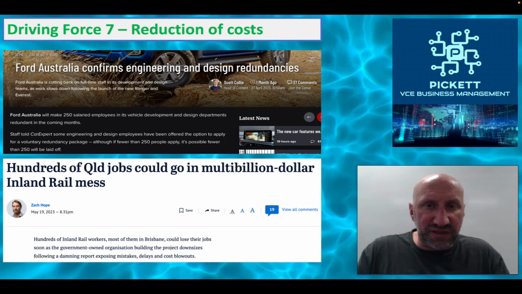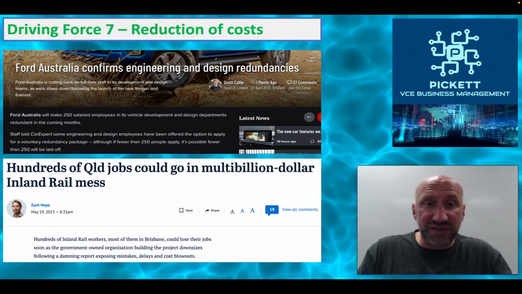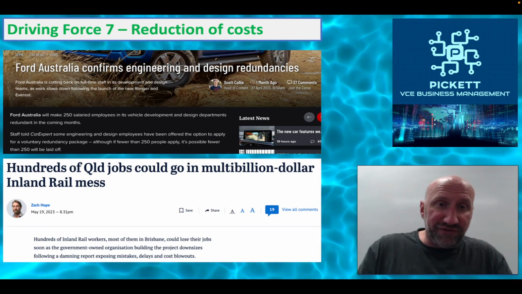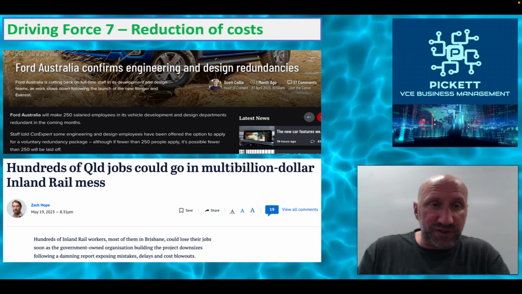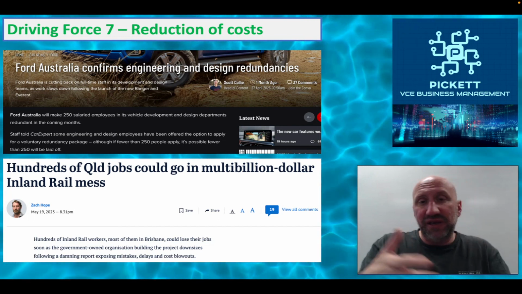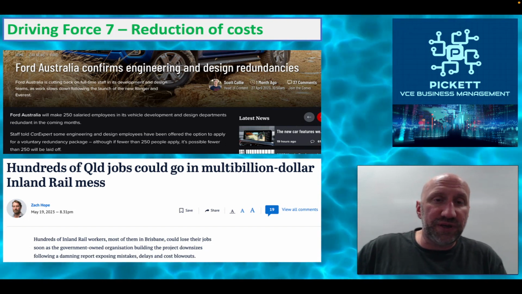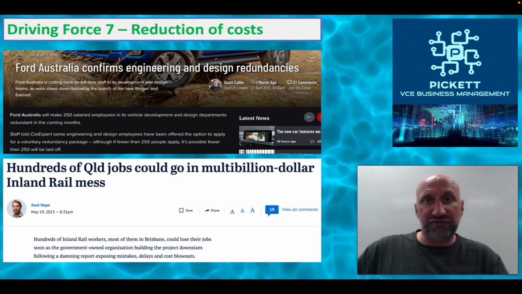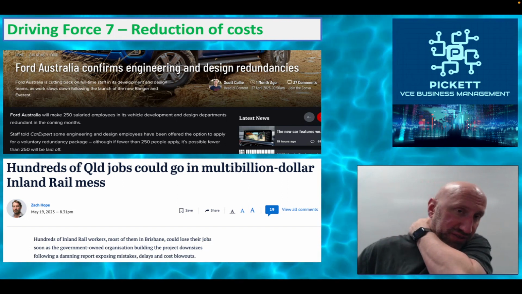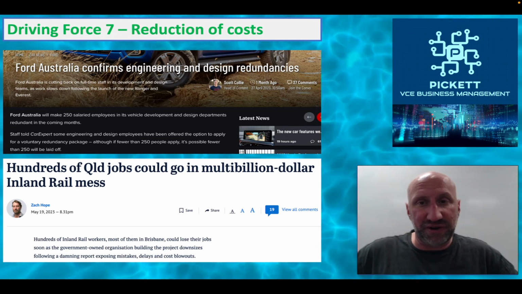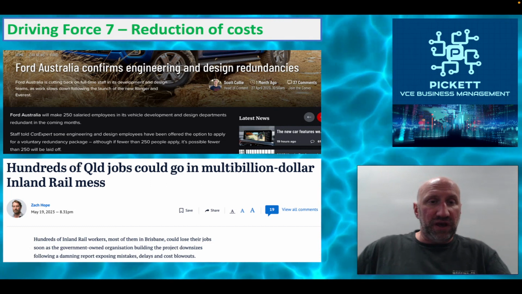I guess what's interesting is it offered the option to apply for a voluntary redundancy package. If fewer than 250 people apply, it's possible fewer than 250 will be laid off. Again, this links back to our human resource management and termination when we talked about voluntary redundancies versus forced redundancies. That's quite interesting, you see that language being used there in a media article.